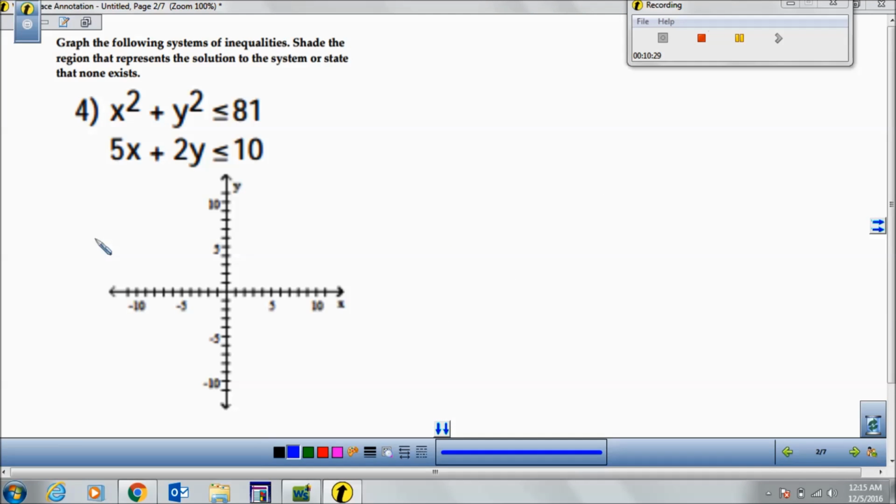Now here it says graph the following systems of inequalities. Shade the region that represents the solution to the system or state that none exists.